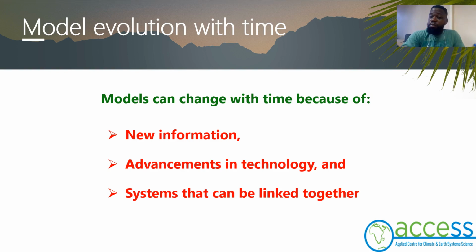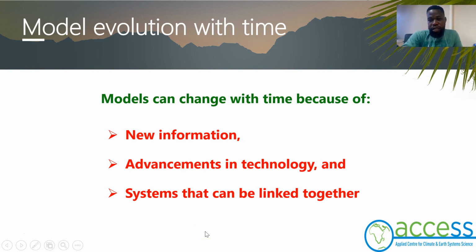Models can change with time because as time goes on, new information is learned, and this new information is put into the models during the model maintenance, and changes have to be made to make it better. The advancements in technology, as we have seen with mathematical models, which started as equations, but now the same equations are being used in computers, where the computers do the computing rather than the human aspect of it. This also removes uncertainty and adds efficiency.